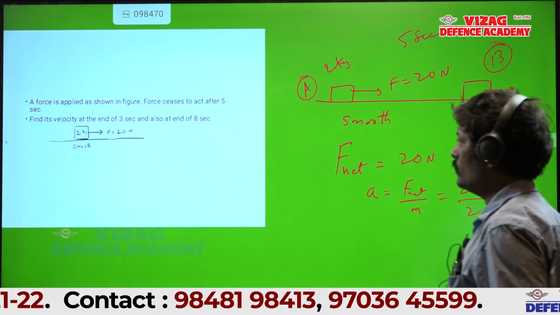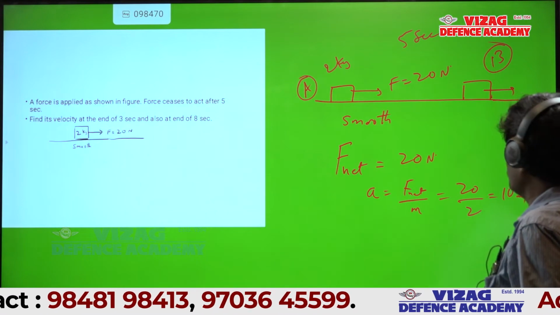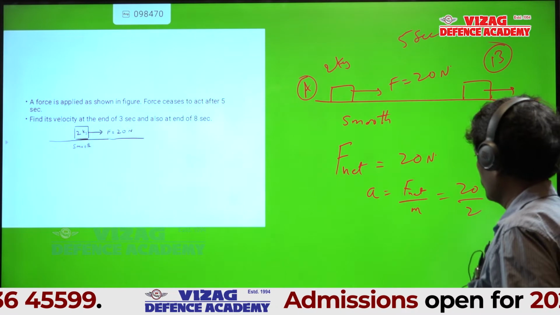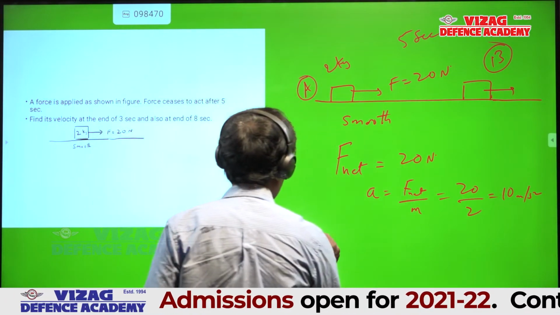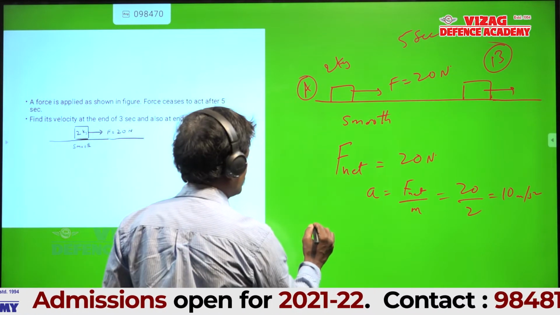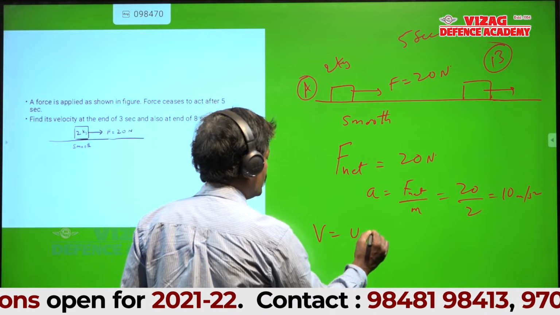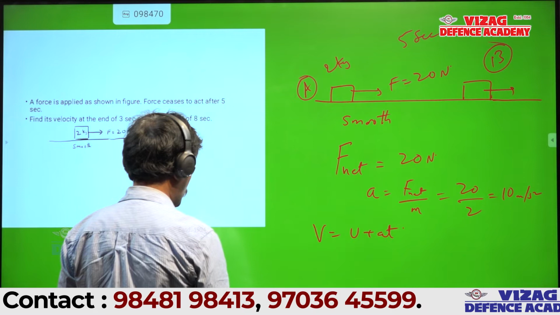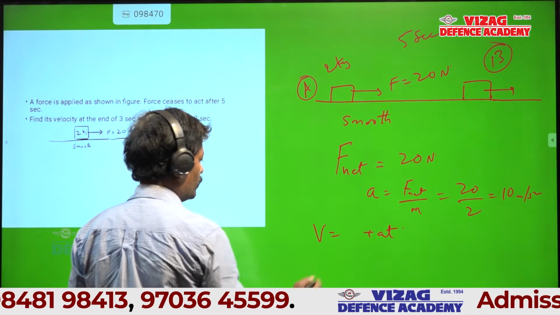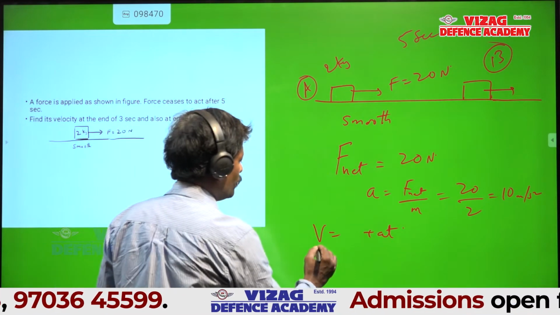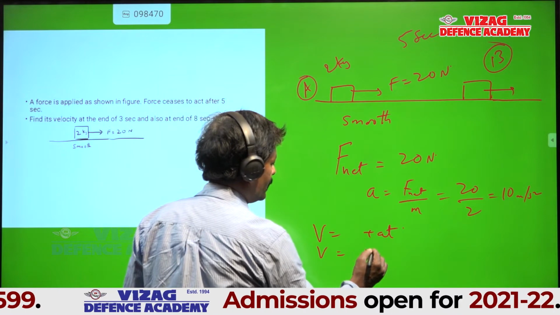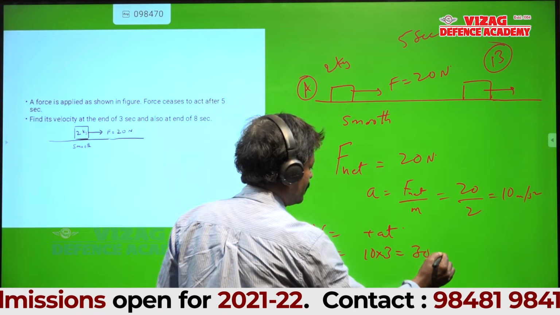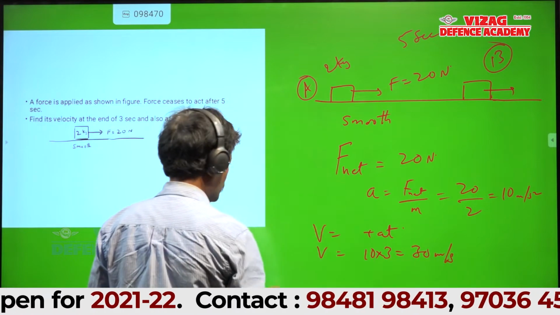So the acceleration of the body is 10 meter per second square, using Newton's second law. So velocity at the end of 3 seconds, v equal to u plus at. It started from rest, so u is 0. So v equal to a times t, which is 10 times 3, 30 meters per second. Look at this here.